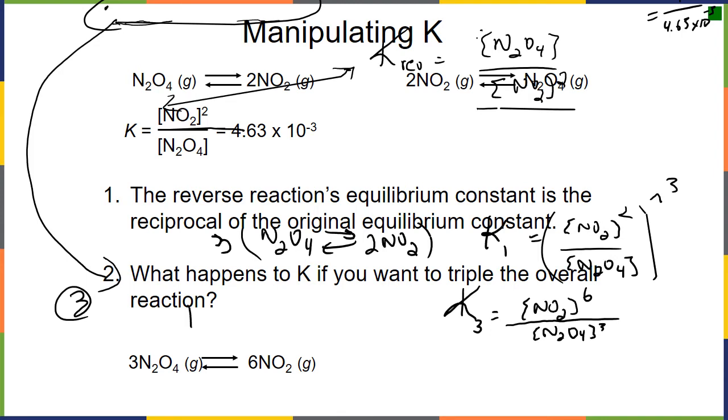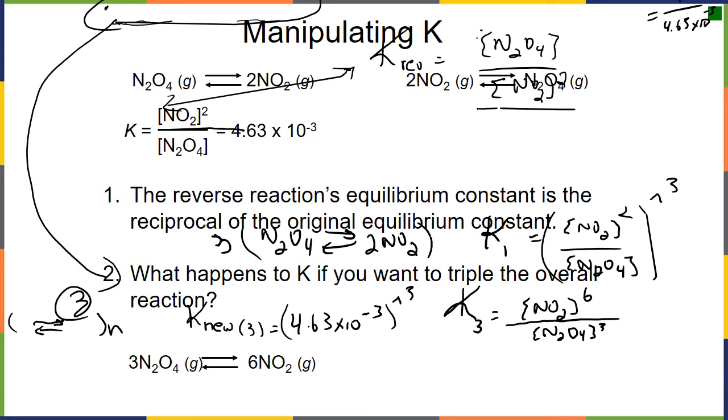What does this mean? It means our K for reaction number 3 is going to equal our old K, 4.63 times 10 to the minus 3, cubed. So if you have a balanced reaction and multiply it through by some value n, you take your K and raise it to the same n.